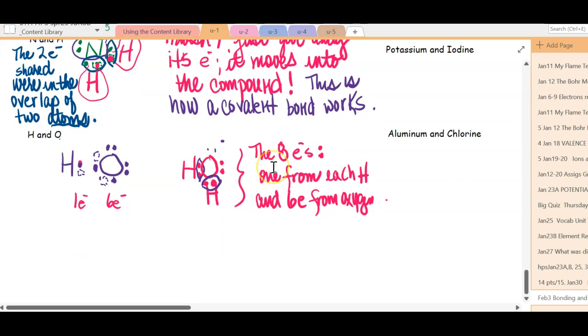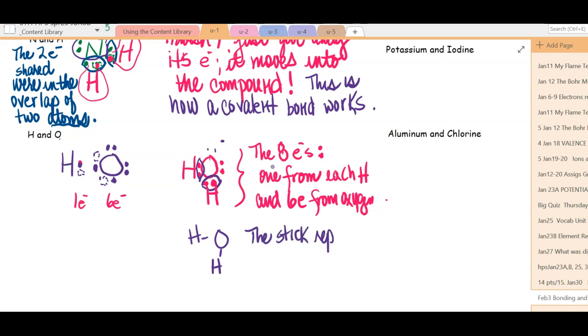And so when you see water, it actually looks like this, where the stick represents the single bond. The stick represents the 2 electrons, the shared pair of electrons. A pair is 2, right? And now what oxygen has around it is all these paired electrons, but only 2 of them are shared.